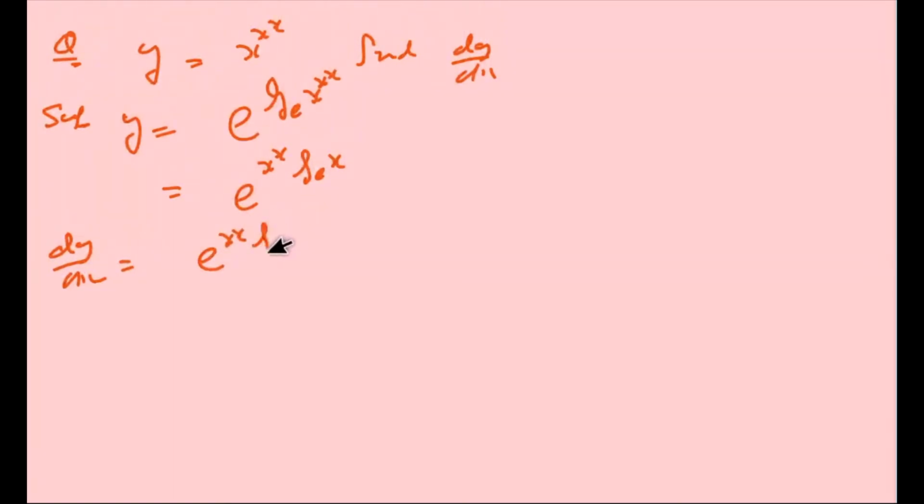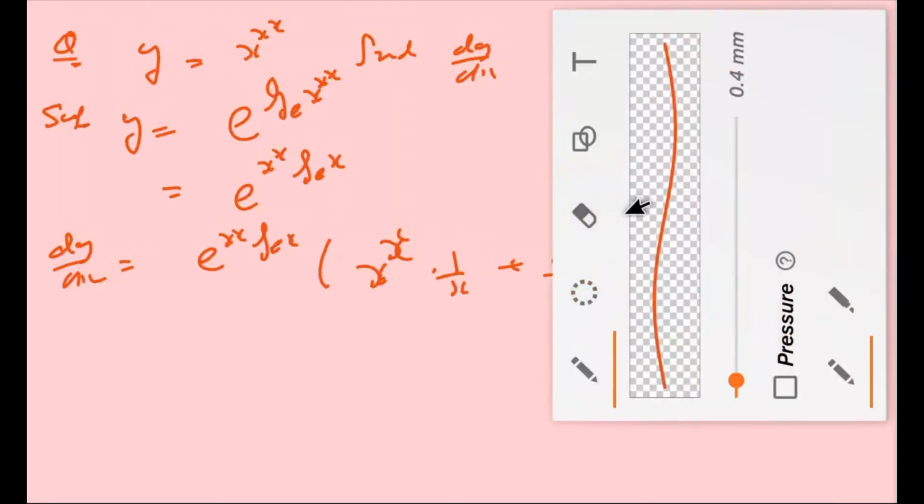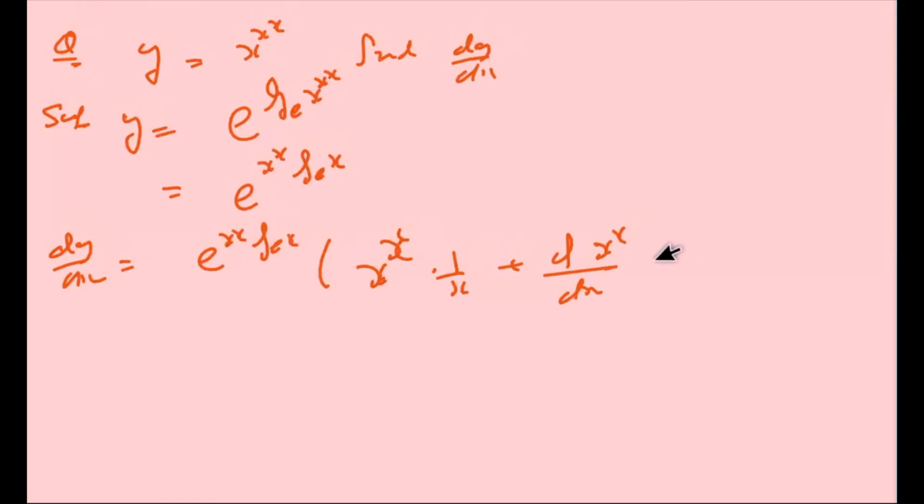The differential of this is this one into the differential of log x, that is 1 upon x, plus the differential of x to the power x into 1 upon x, and plus the differential of x to the power x into log x, and this can be written again as x to the power x.